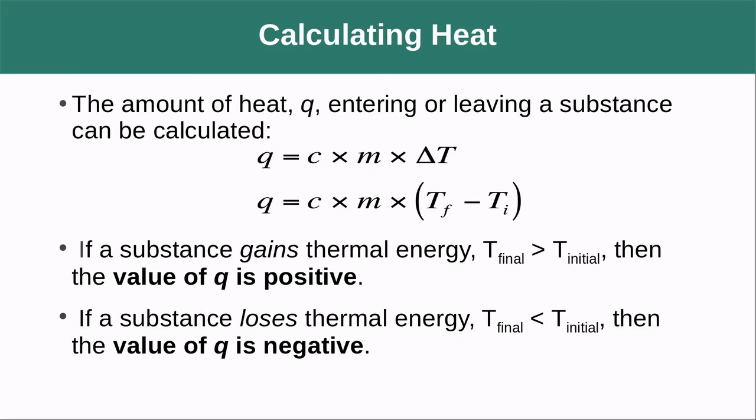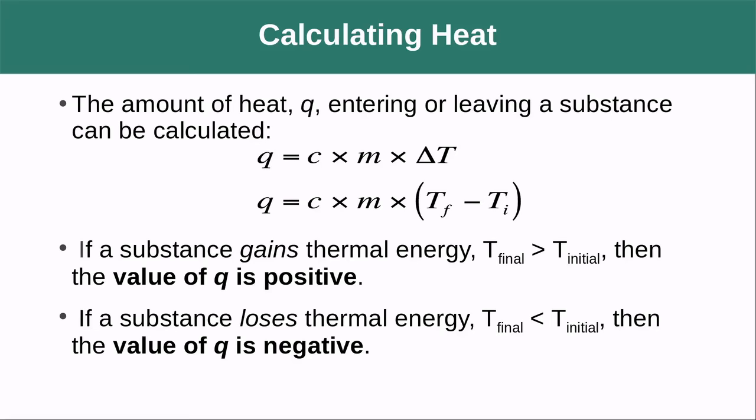Calculating heat. The amount of heat, which we're going to abbreviate with a Q, entering or leaving a substance can be calculated by taking the specific heat capacity, multiplying it by the mass of the system, and then multiplying that by the change in temperature.